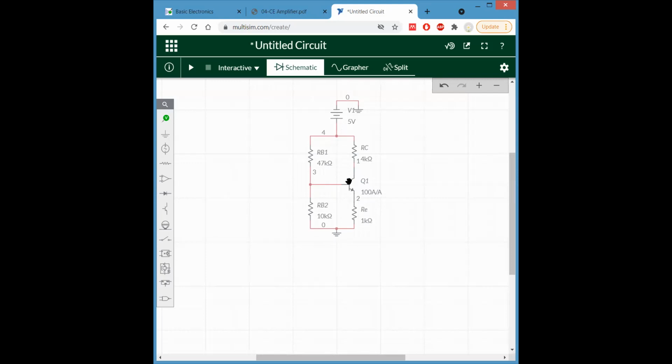So I think we are done with the biasing that we have done previously. But this special kind of configuration is there because we want to bias it with a single source. Initially, we would have connected two different sources: for base emitter we have to add one source, and for collector we have to add another source.